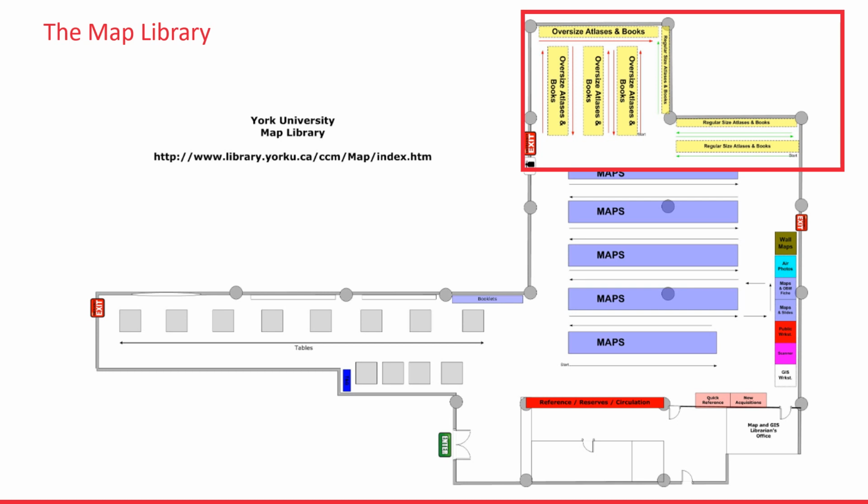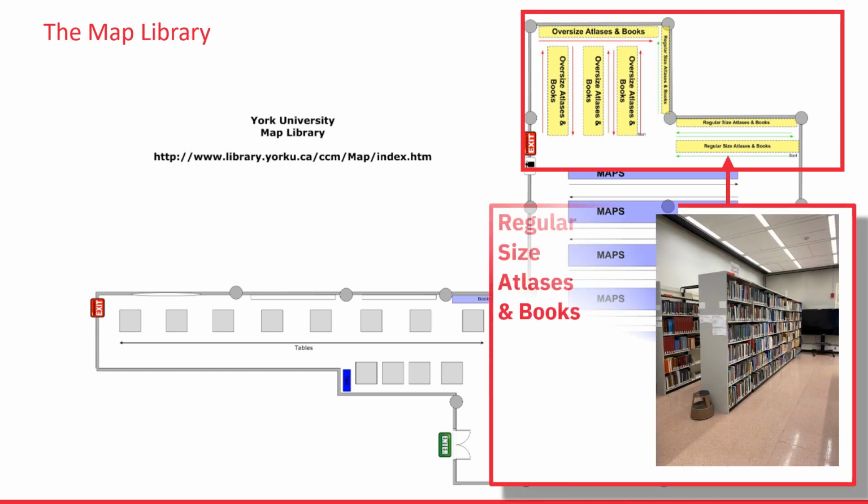Our collection of books and atlases located at the back of the library offer a unique array of publications. Module 5 from this video workshop series will provide details on searching for books or atlases in the collection. When searching, however, be sure to note the two main collections: regular-sized books and atlases.